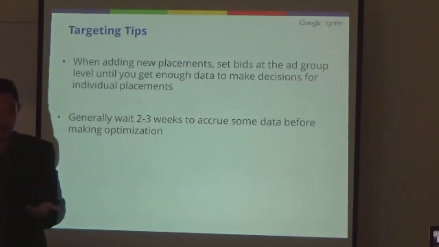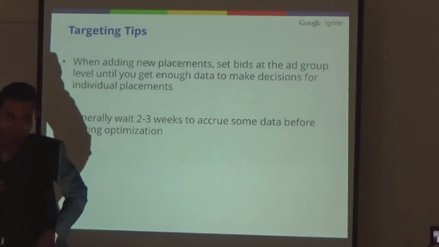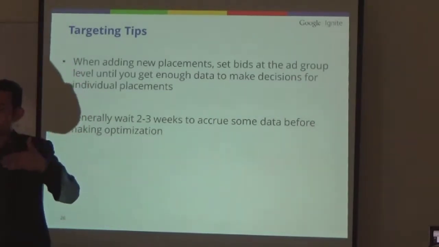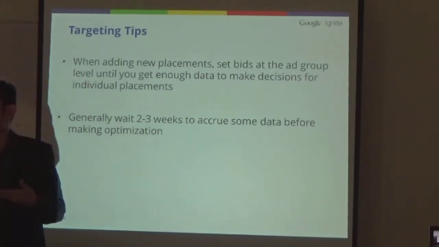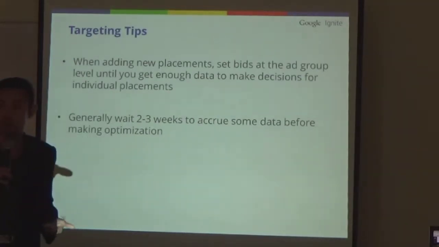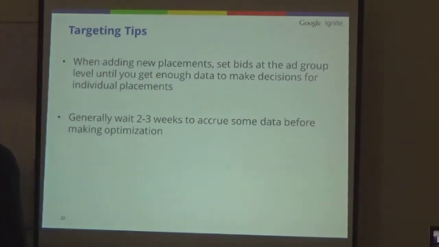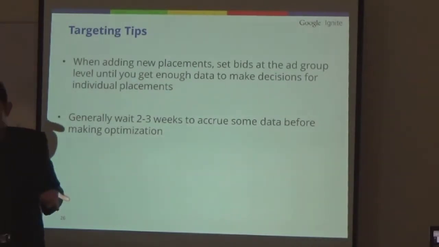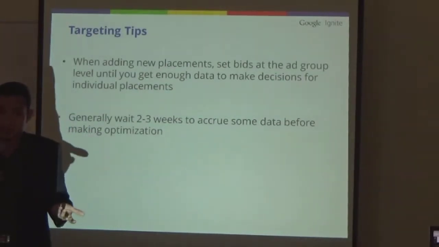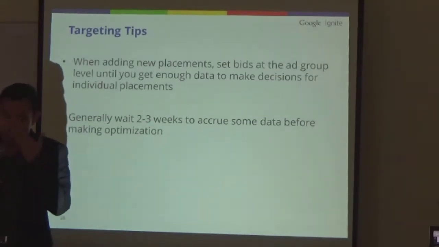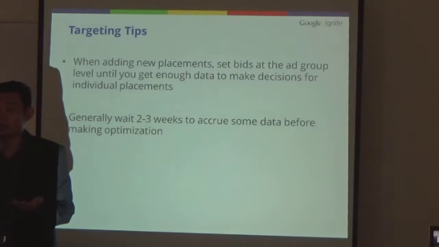Now, in general, 2 to 3 weeks is the normal time for you to gauge display ads before you make any decisions about whether they're performing or not. This is one of the questions we sometimes ask in the exam: how long does it take for us to make decisions or optimizations when we run a display campaign?